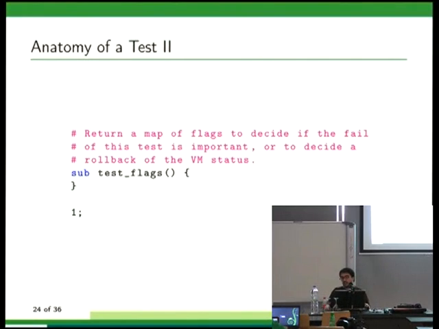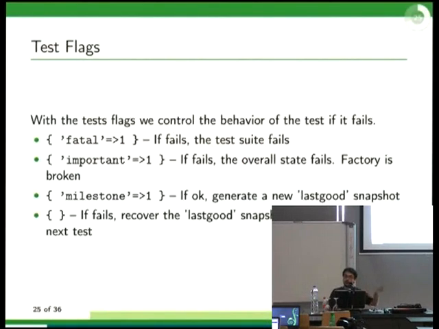We use test flags to have the chance to mark certain tests as very important. So if we think that this test can fail, and if it fails, it's better to stop testing anything else, this is the place where we can describe what to do after the assert or the final result of the test. We need to return a dictionary, a map, and we have 4 options.